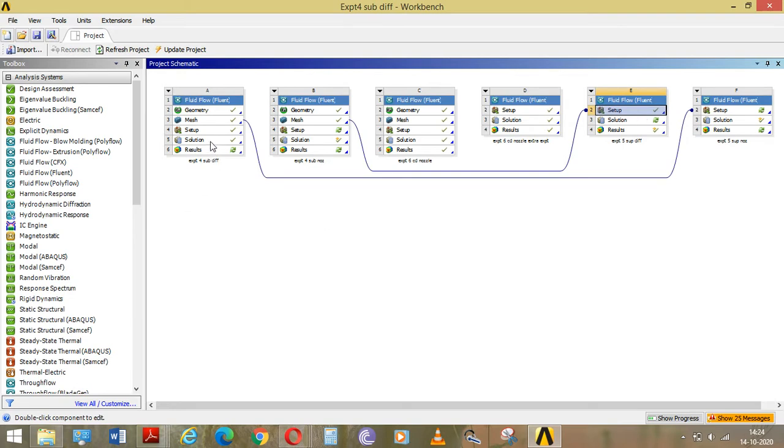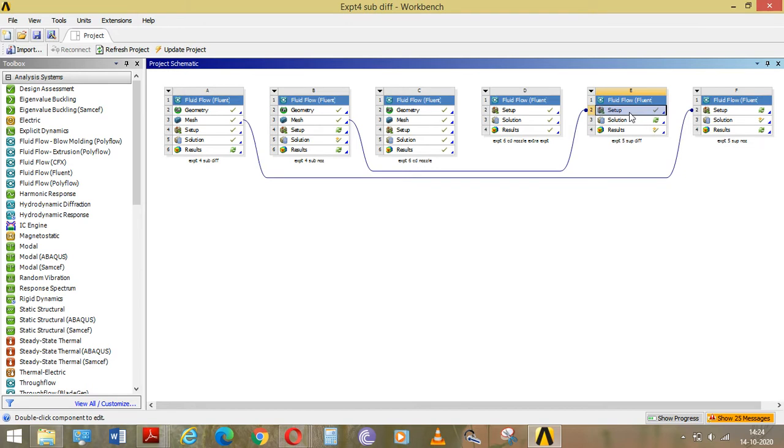And the subsonic diffuser has to be connected to the supersonic nozzle, because the nozzle becomes a diffuser when the Mach number crosses 1, and the diffuser becomes a nozzle when the Mach number crosses 1. Do not connect the subsonic diffuser to the subsonic nozzle, or the subsonic nozzle to the supersonic diffuser.